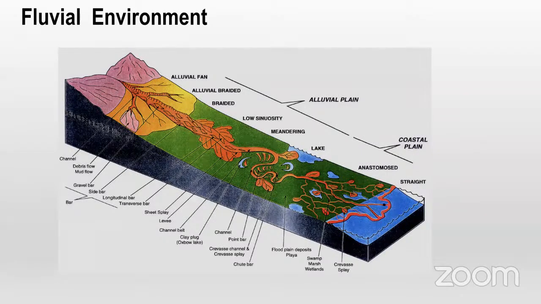Toward the sea, because the grain sizes decrease, we don't have a very good reservoir in this area and also in this area. So because of this concept, the trend of the type of the depositional environment is very important for us.